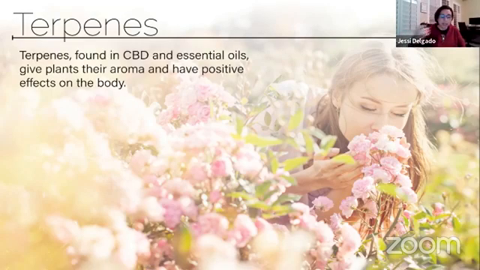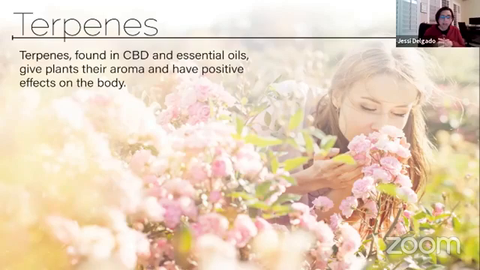Cannabis is unique in each strain. It has a unique profile of terpenes. Terpenes are believed to have many positive effects in our bodies. These properties can act independently as well as in addition to what cannabinoids offer.